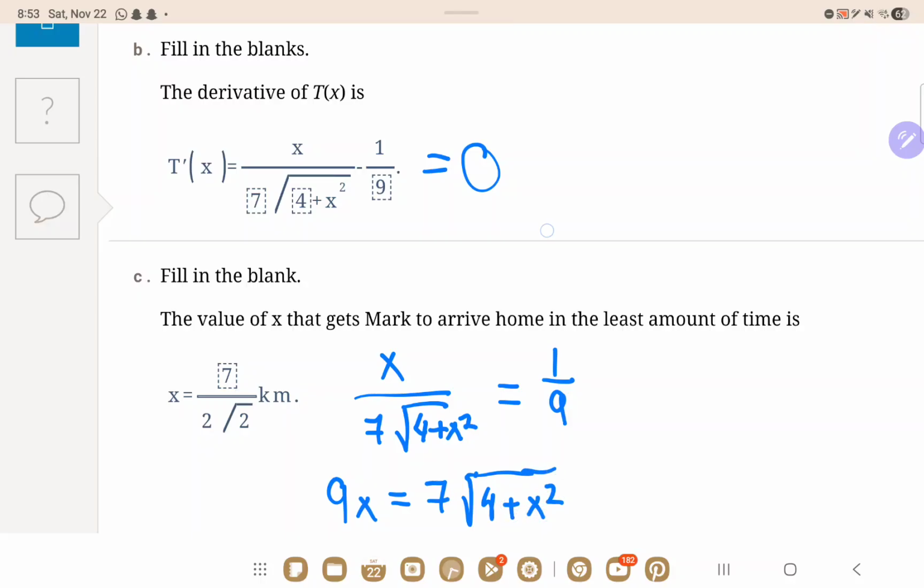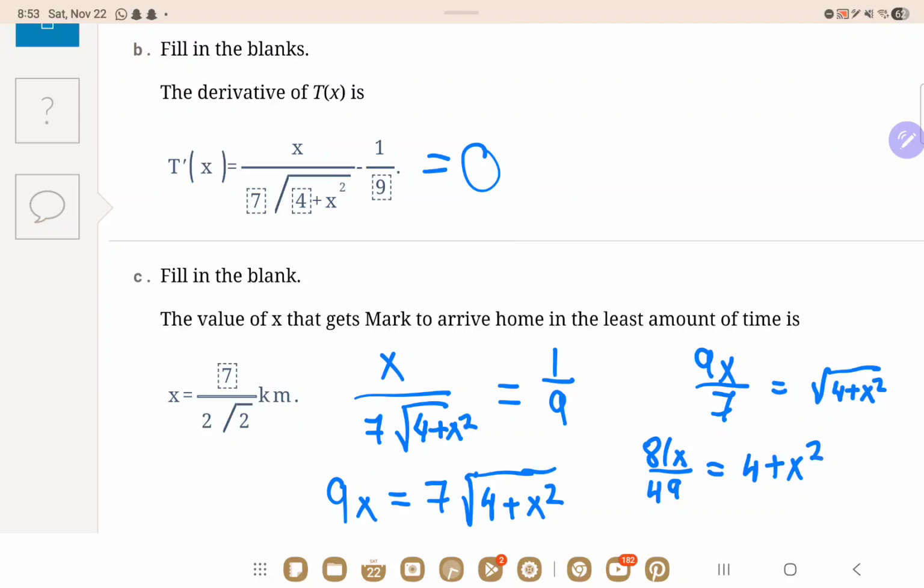Now it's going to be 9x over 7 equals radical 4 plus x squared. Now you need to square both sides, so it's 81x squared over 49 equals 4 plus x squared.